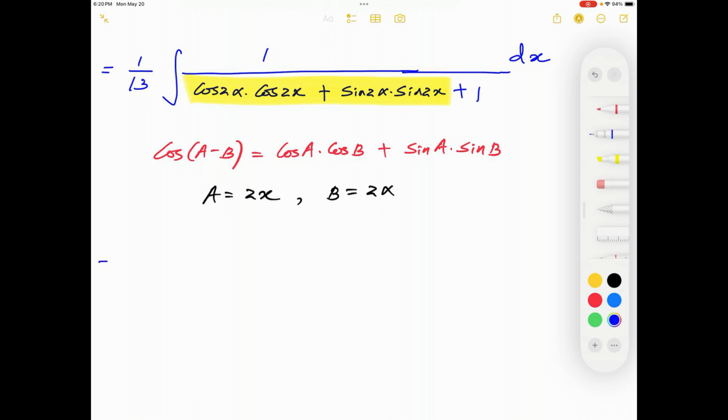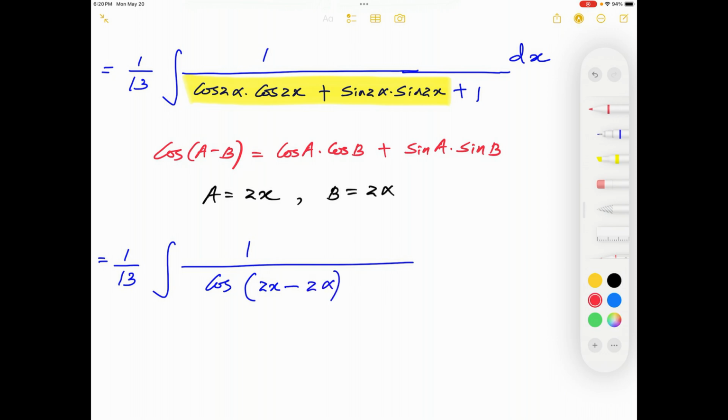Now this integral is equal to 1/13 integration 1 over cosine of a minus b, which means cosine of 2x minus 2 alpha. I should not forget that there is a plus 1 also still remaining in the denominator. Let me go ahead and write that as well, plus 1. And then we have dx on the numerator.